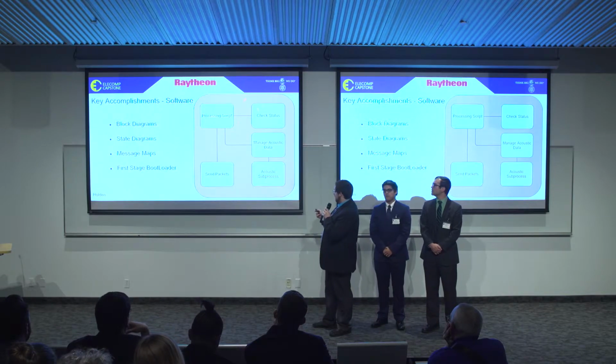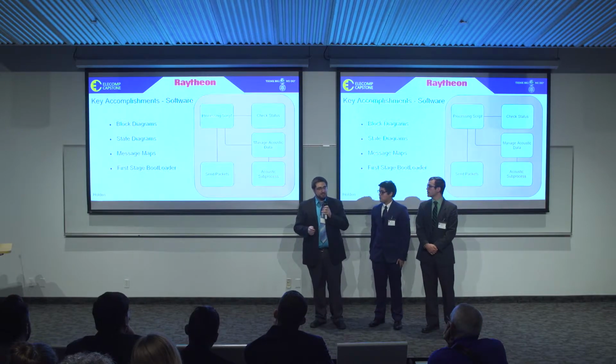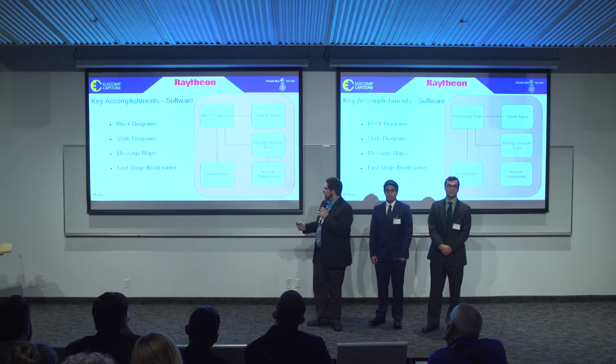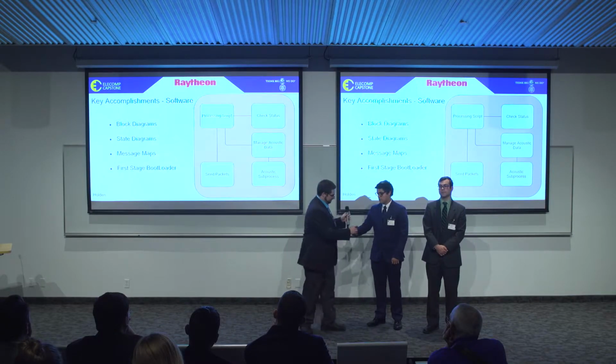Example given here, again, simplified. Message maps, which dictate exactly how the FPGA and the PC will communicate with each other. And the first stage bootloader, which will be used to program the board with our software and hardware designs. And now for hardware, we'll say.